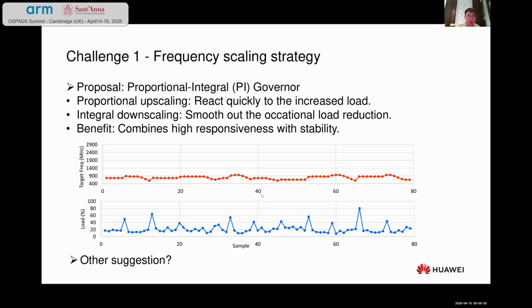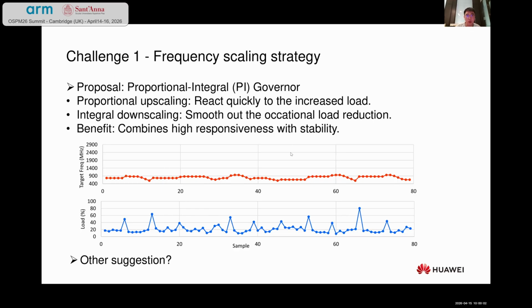But the uncore frequency is preserved around 800 or 900 megahertz, and in this case the performance is not impacted, and we save around 1 point some gigahertz of frequency and reduce the power consumption.